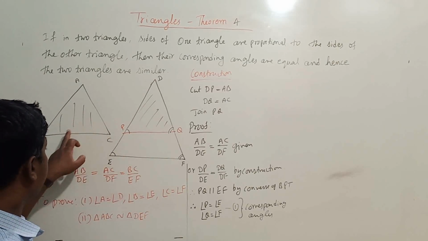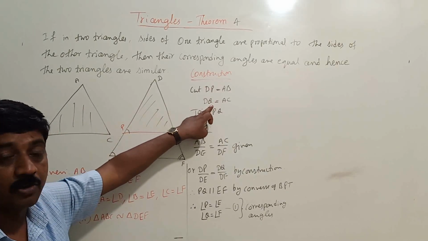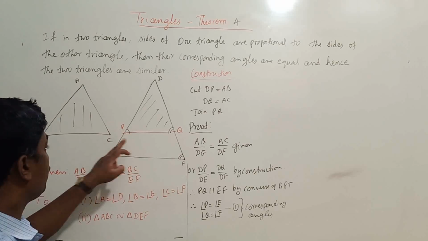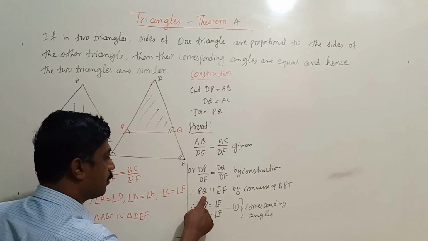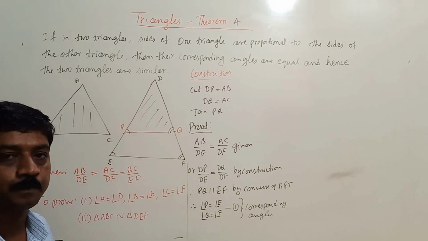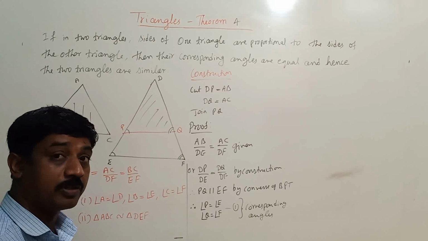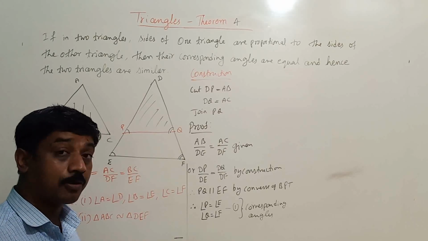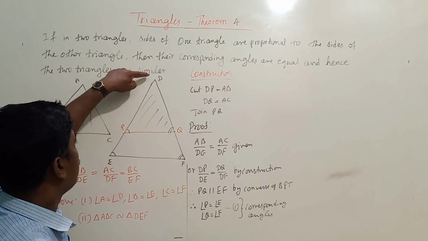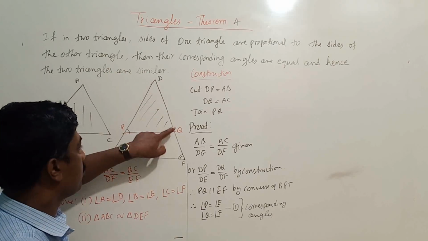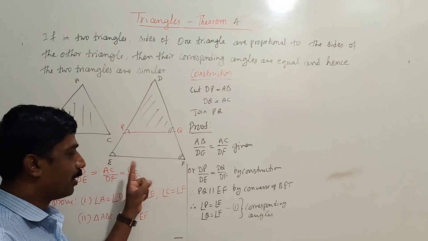So how to prove that BC is equal to PQ? Because we know already two pairs of corresponding angles are equal. Let us prove BC is equal to PQ here. Now check it out. Let me come to this point. Because PQ is parallel to EF, I told you in the previous theorem that by corollary of BPT, you can take DP by DE is equal to DQ by DF is equal to PQ by EF.